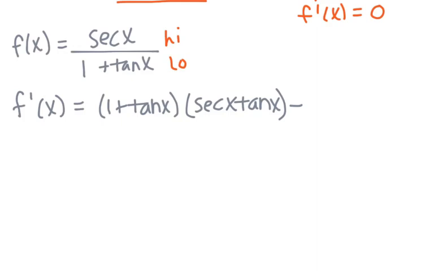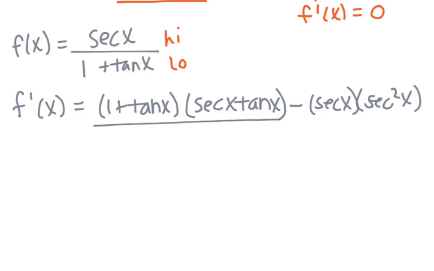Minus high, d low. And the derivative of 1 will go to 0. The derivative of tangent is going to be secant squared. All over low, low, or 1 plus tangent x all squared.